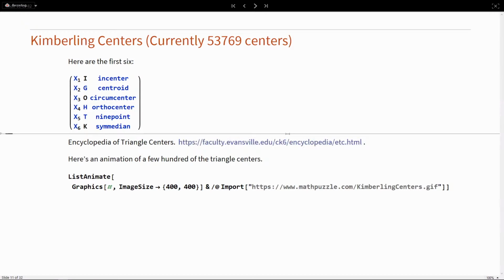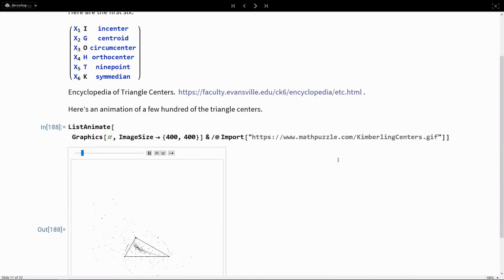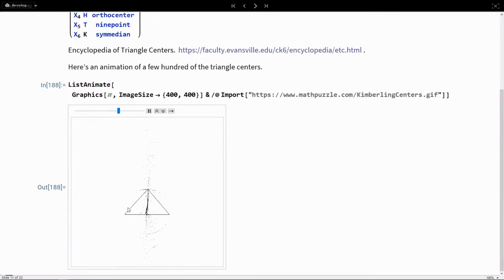But at that site, there are thousands of triangle centers listed, about 50,000 if I remember. 53,769 centers are currently listed there. And let me show you a picture of some of them here, if that works. Here's a triangle with an animation of a few hundred centers. As the triangle moves, you can see these various points, and these points correspond to various triangle centers. You can see outlines of a circle here if you look closely.